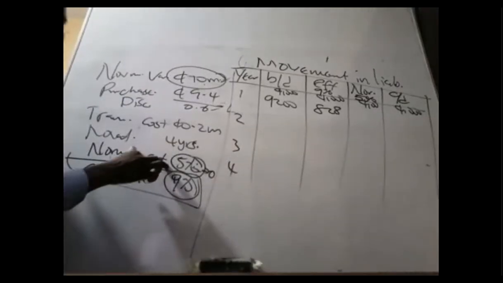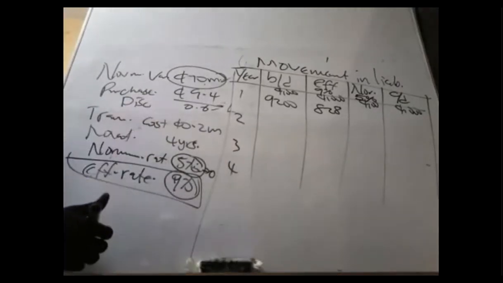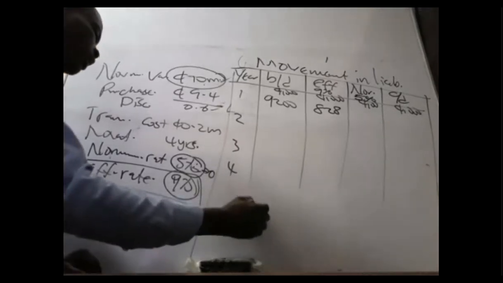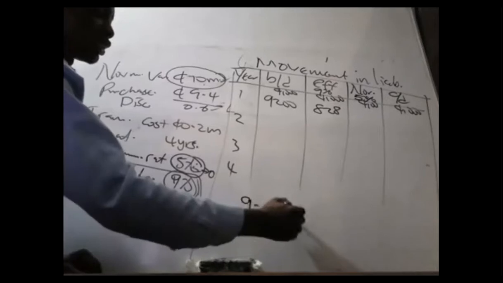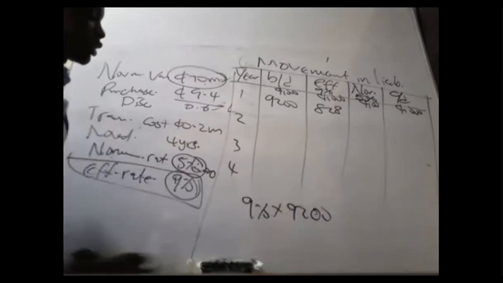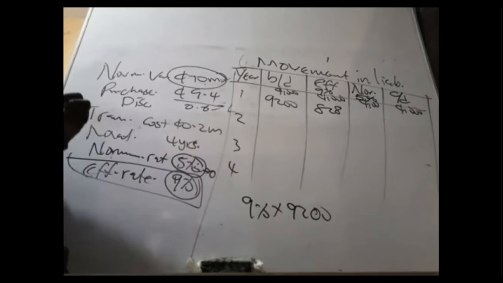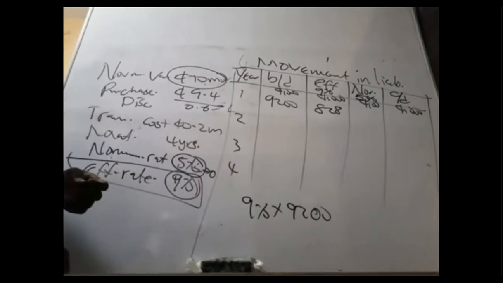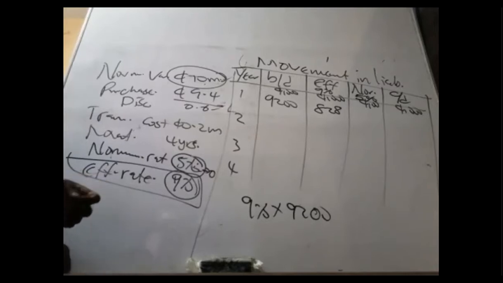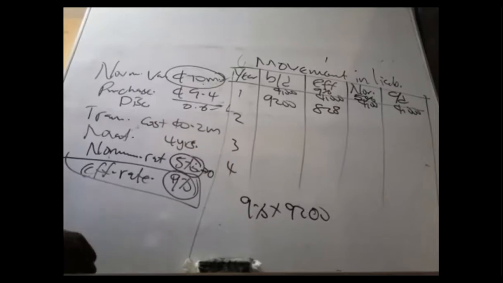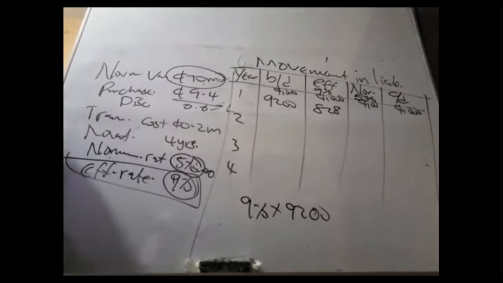It's 9% times 9,200. It should give us something like 828. We have 3 zeros on top.